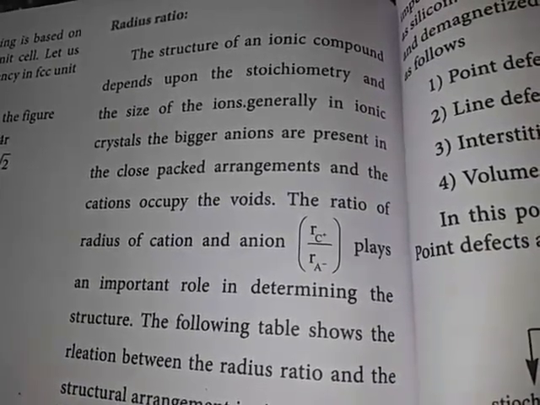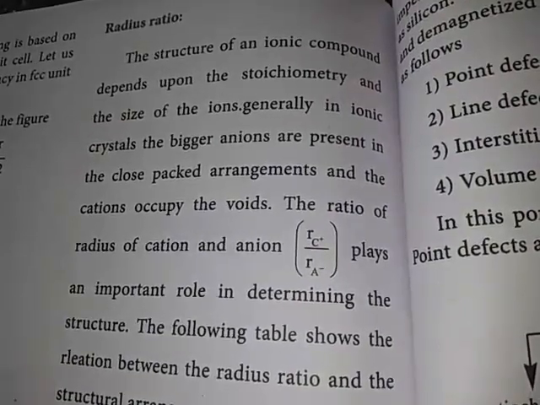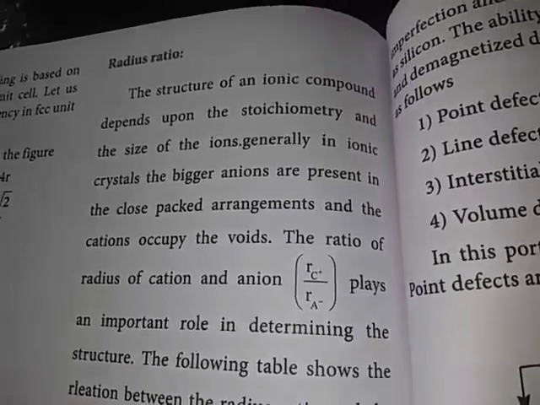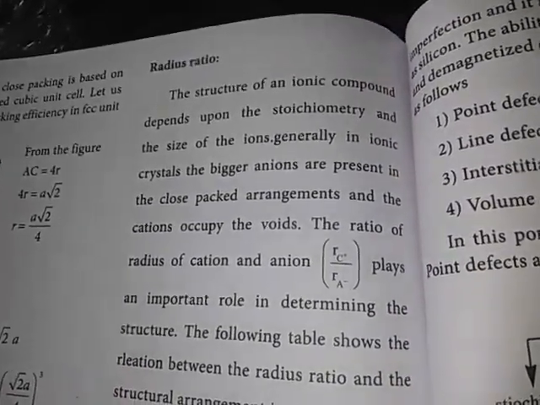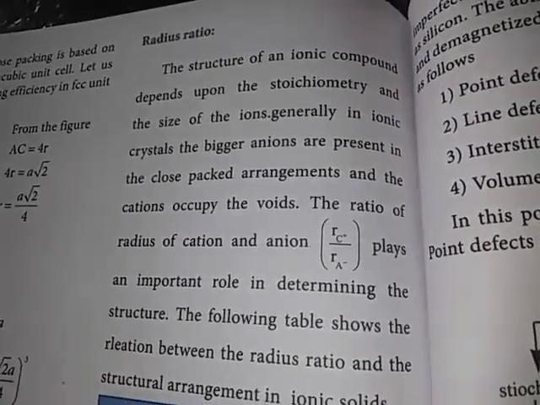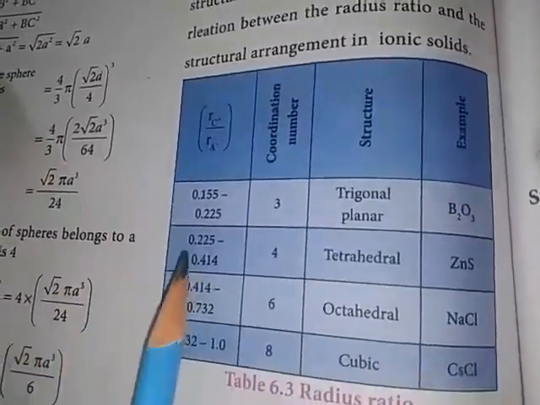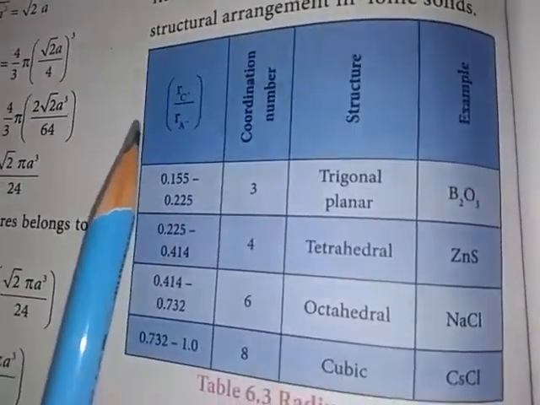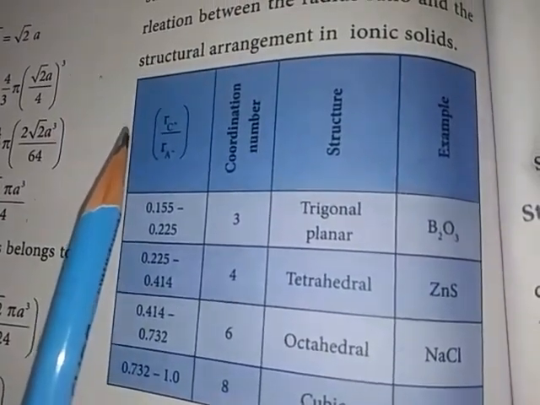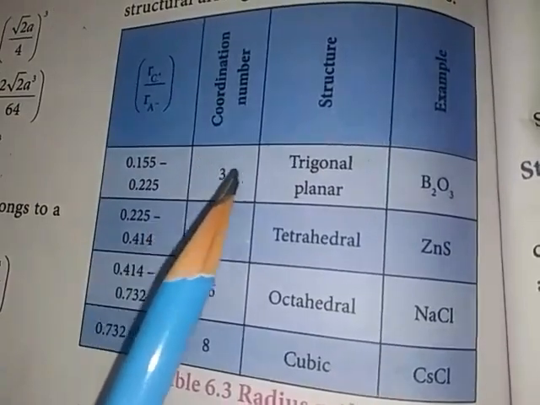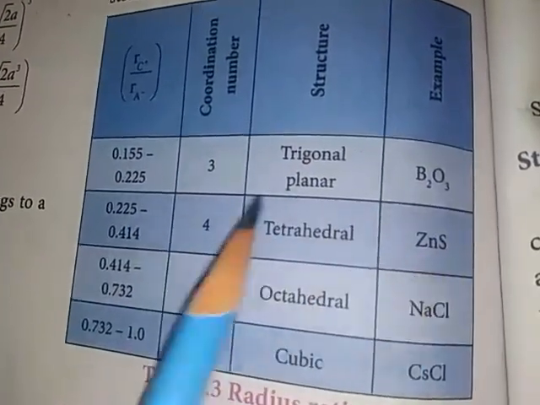The space present is called voids. The ratio of the radius of cation to anion, Rc divided by Ra, plays an important role in determining the structure. Look at the table here. Here the values of the ratio between the radius of cation and anion are given, along with the coordination number, the structure, and an example.